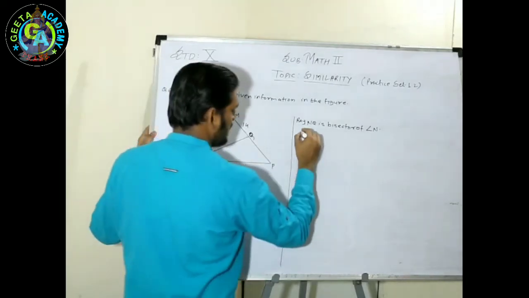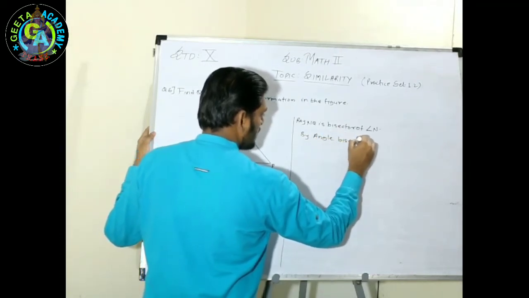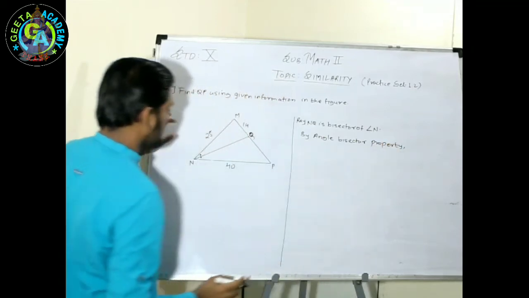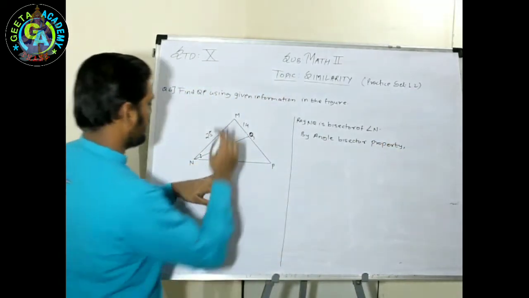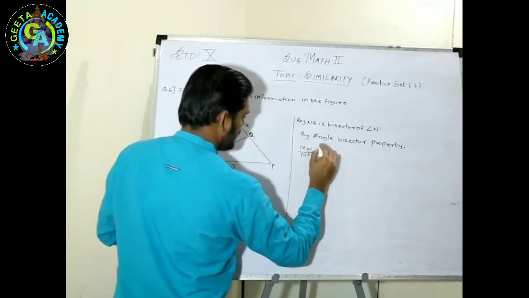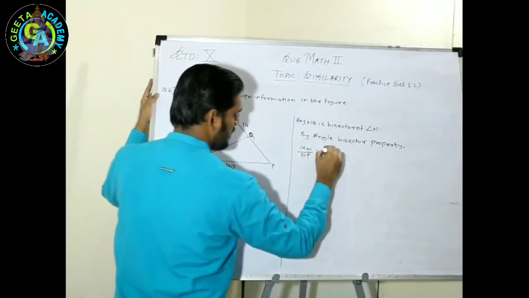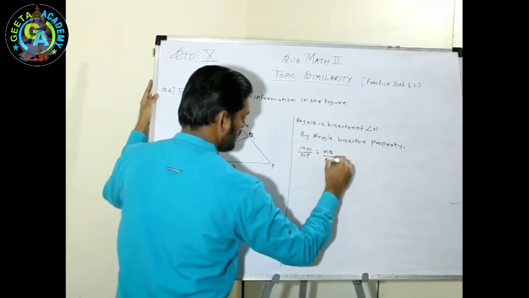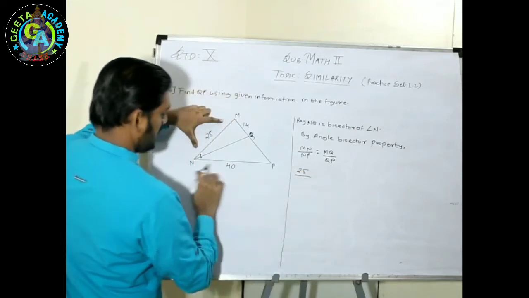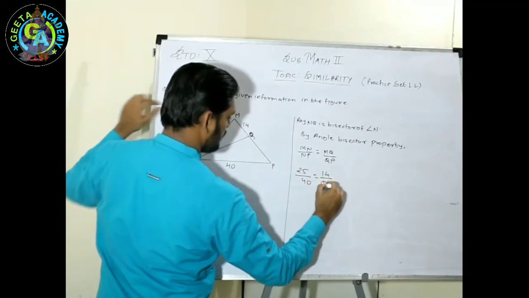Now we have to apply the angle bisector property, which says the ratio of the other two sides of the triangle, that is MN upon NP, is equal to the ratio of the parts of the opposite side, that is MQ upon QP. Now put the values. MN is 25, NP is 40, MQ is 14, and QP we have to find.